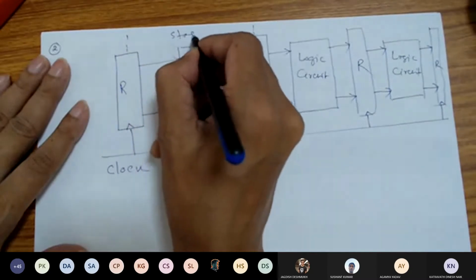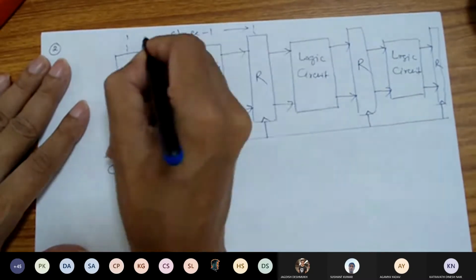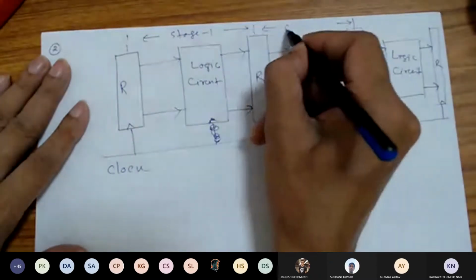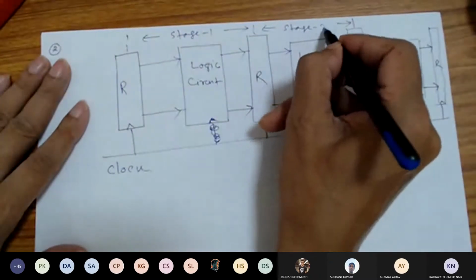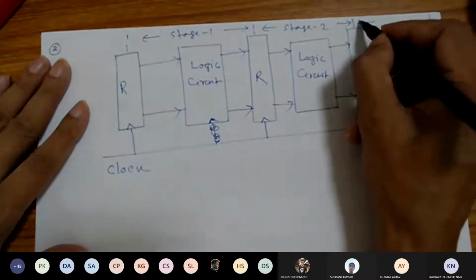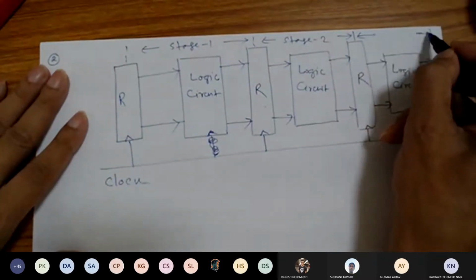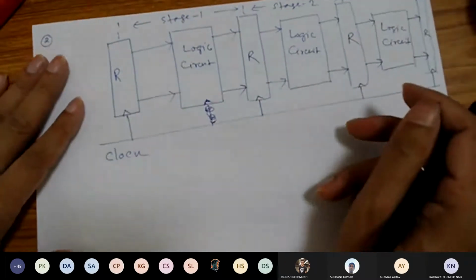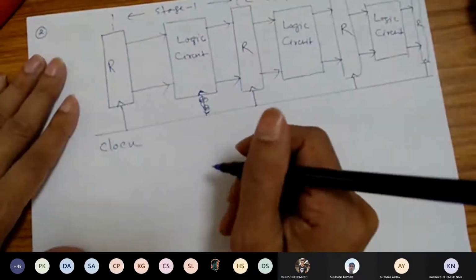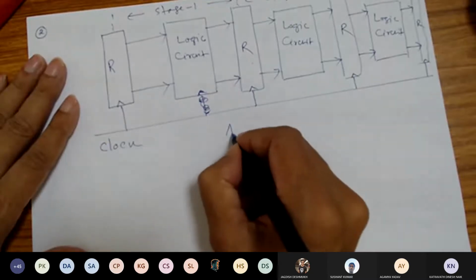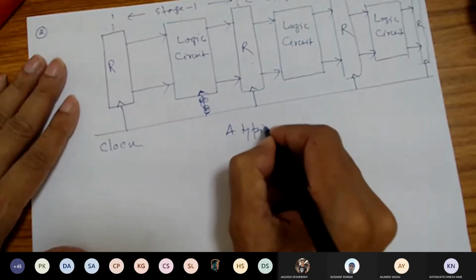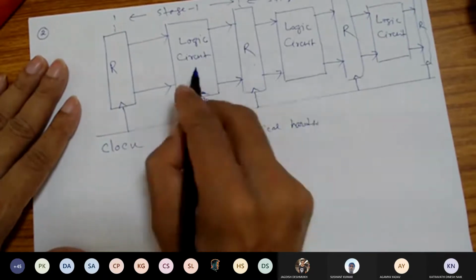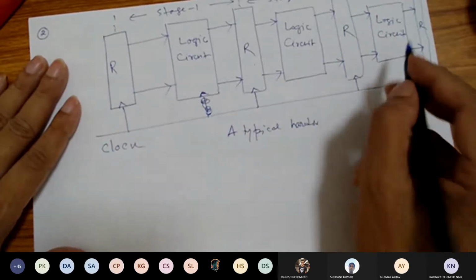This is your stage 1. This is stage 2. This is stage 3. You can keep on doing this. So it's a typical hardware structure with multiple stages. The circuits will vary.